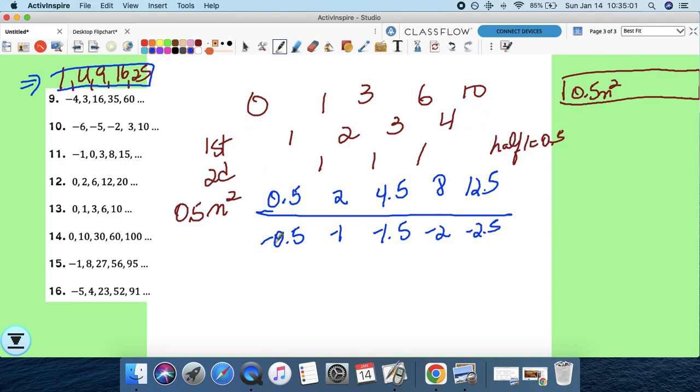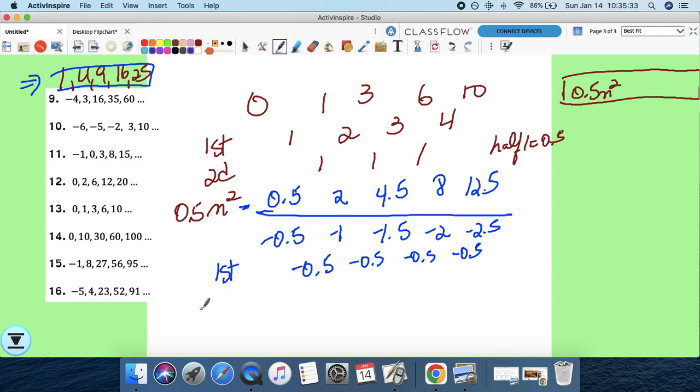0 minus 0.5 is negative 0.5. 1 minus 2 is negative 1. 3 minus 4.5. Remember, we're subtracting. So there is a sequence, so we have to continue. Take the first difference. Negative 0.5 to get to negative 1 is minus 0.5. And again, minus 0.5, minus 0.5, right?